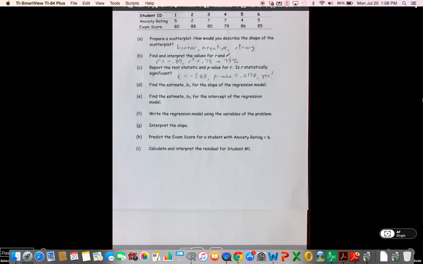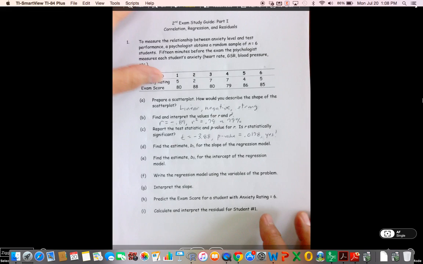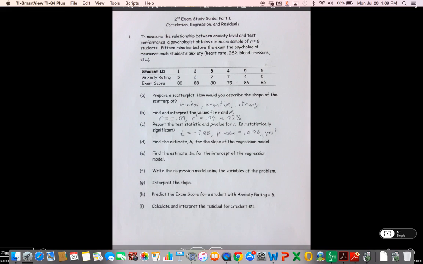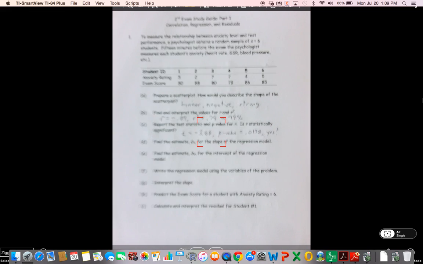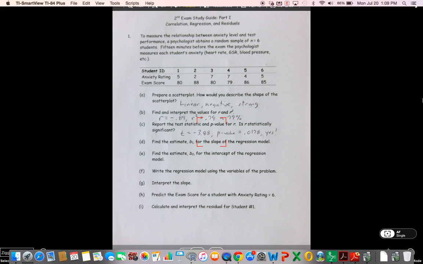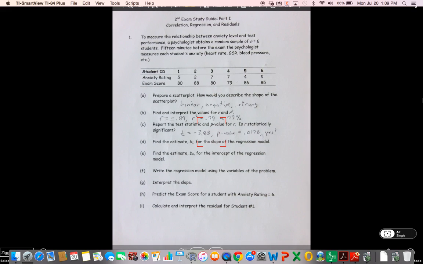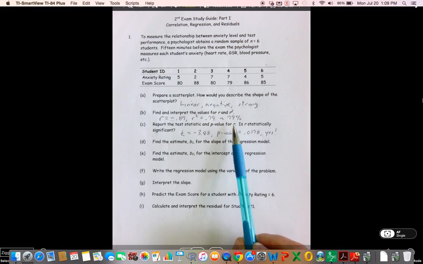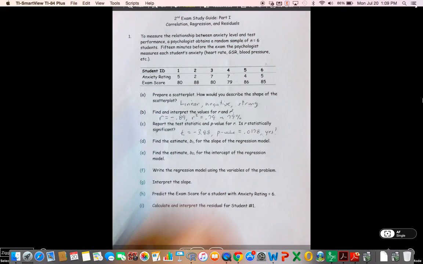Gang, there is something going on with this anxiety rating and predicting final exam score. Let me get this a little clearer. It seems like it's a little fuzzy. All right, hopefully that helped. Since we have a yes there and r is statistically significant, it means that our model is appropriate for predicting exam score from anxiety rating. Okay, so we can use that.